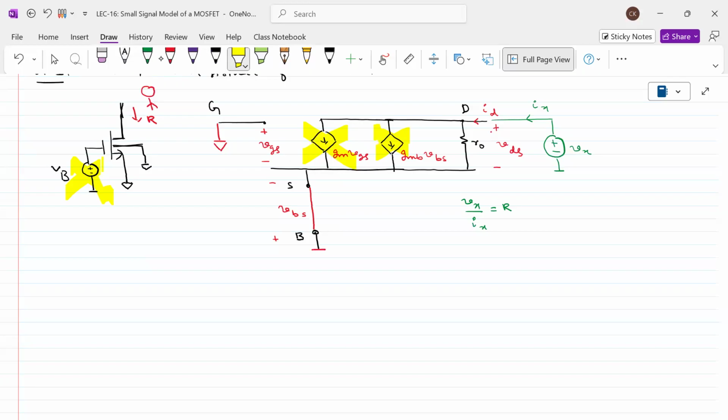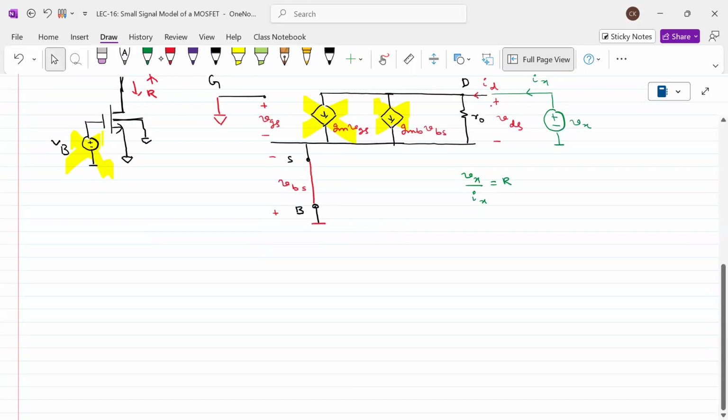Now what is this Vx divided by Ix ratio? It is simply like this. It is already grounded, and we apply plus or minus a small Vx.